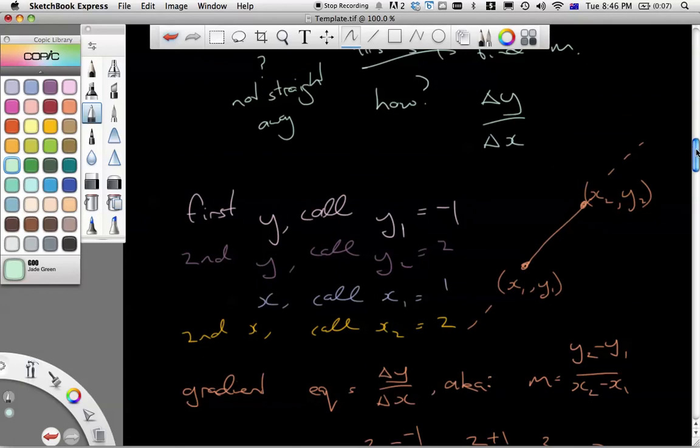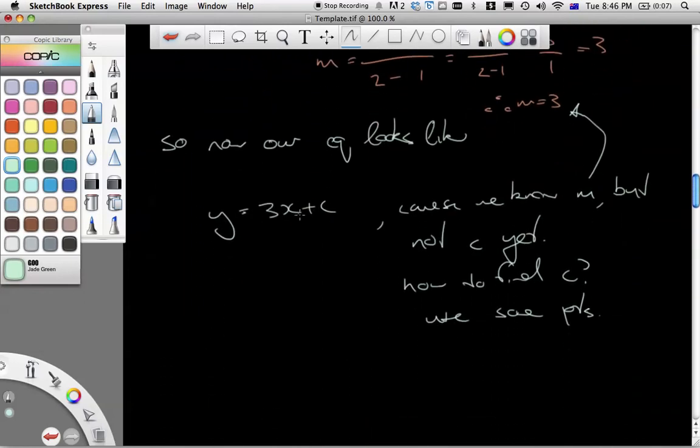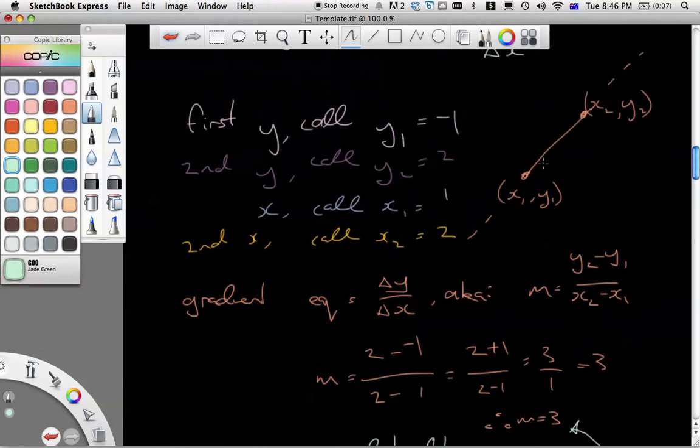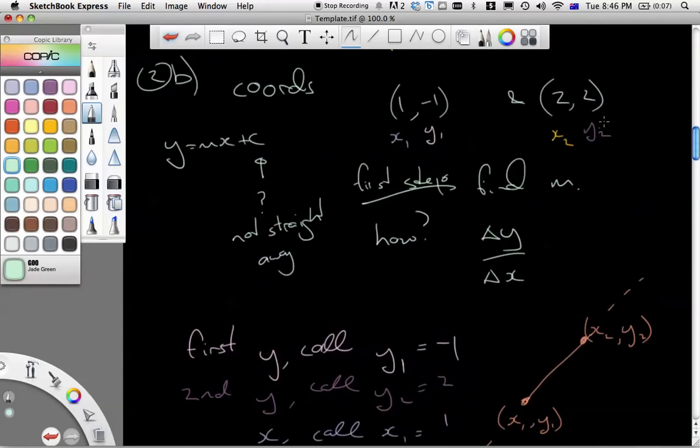So if we choose a value of x and a value for y corresponding to any point along the line, and we've been given 2 of those specific points, if we choose one of those points, we know that the c has to be the right c to make sure that this equal sign holds.